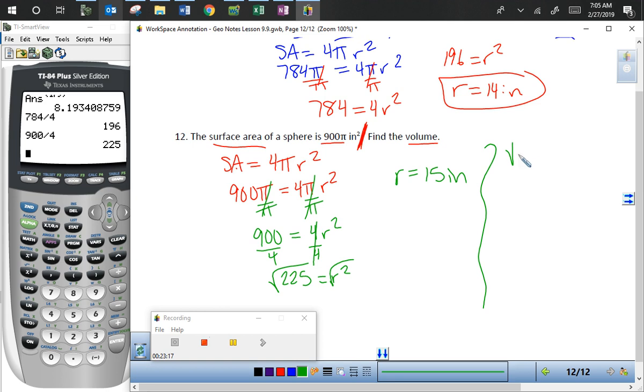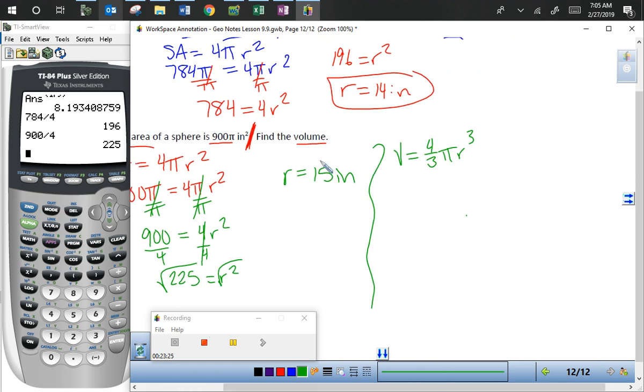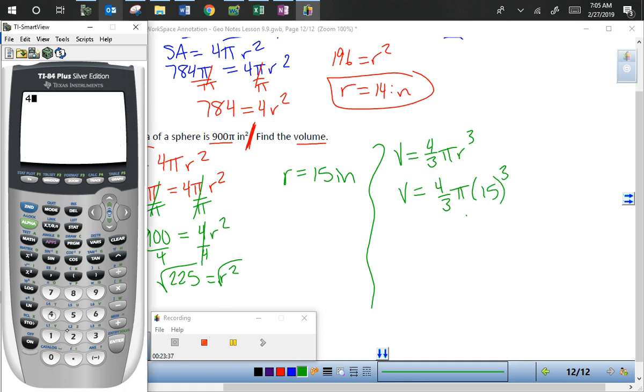So our volume formula is 4/3 pi r to the third power, and we just have to substitute in this 15. So we've got V equals 4/3 pi times 15 to the third power. We're taking 4 divided by 3 times 15 and then raising that to the third power.